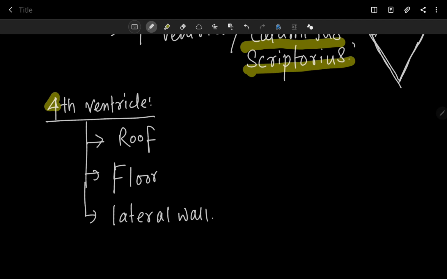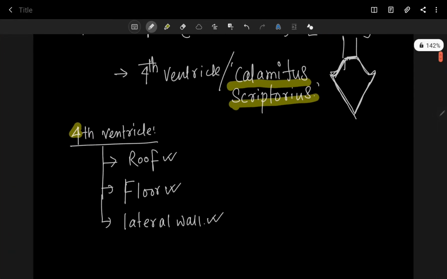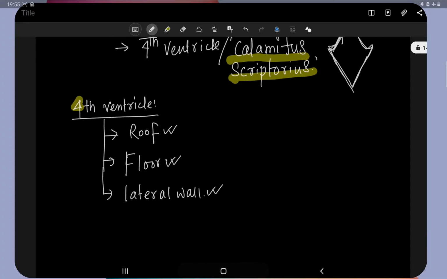So the fourth ventricle has one roof, a floor, and lateral walls. First I want to show you some diagrams.